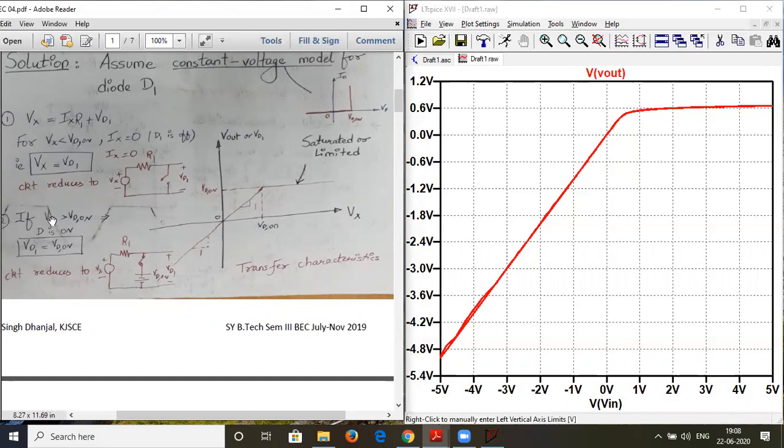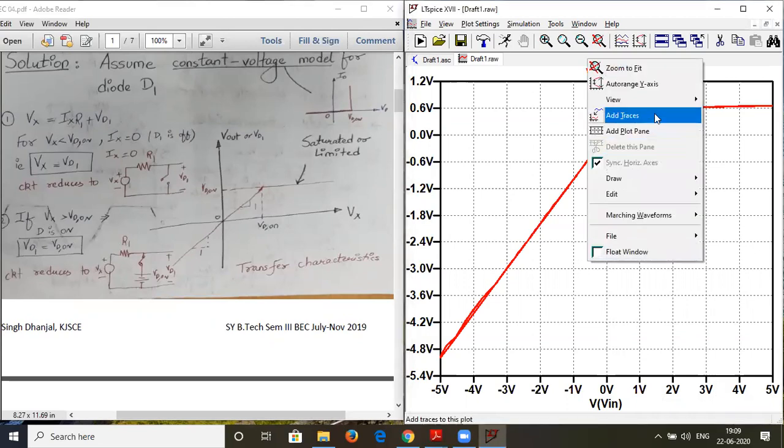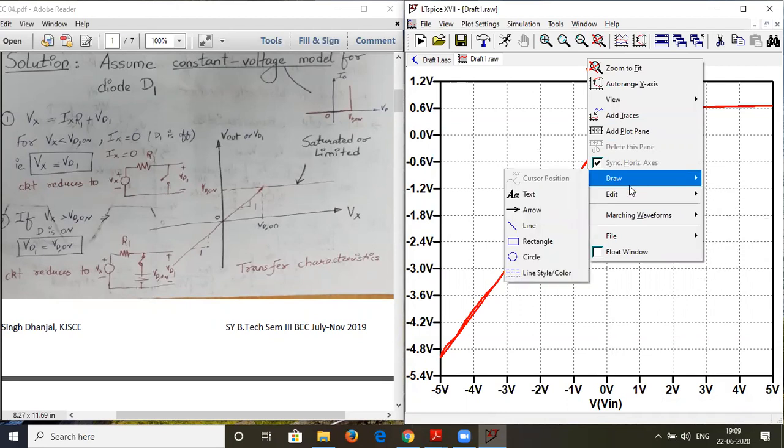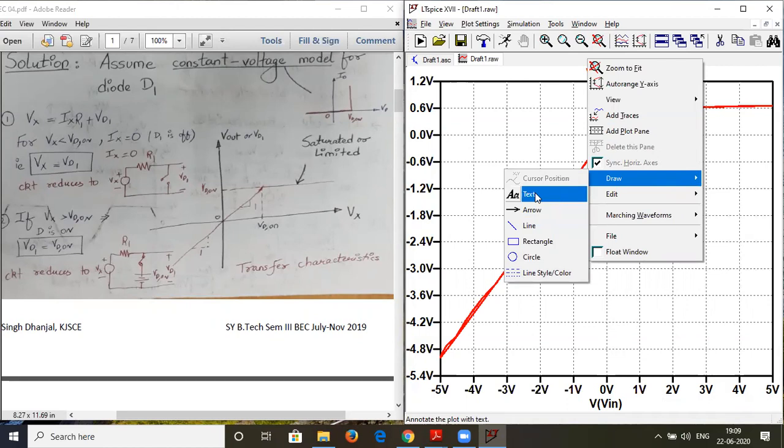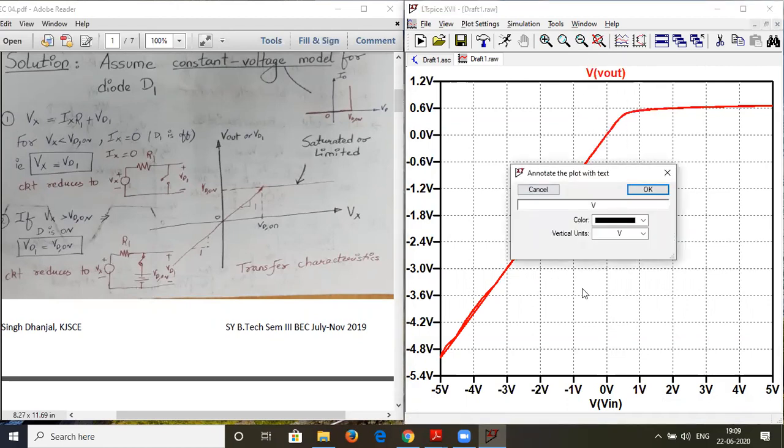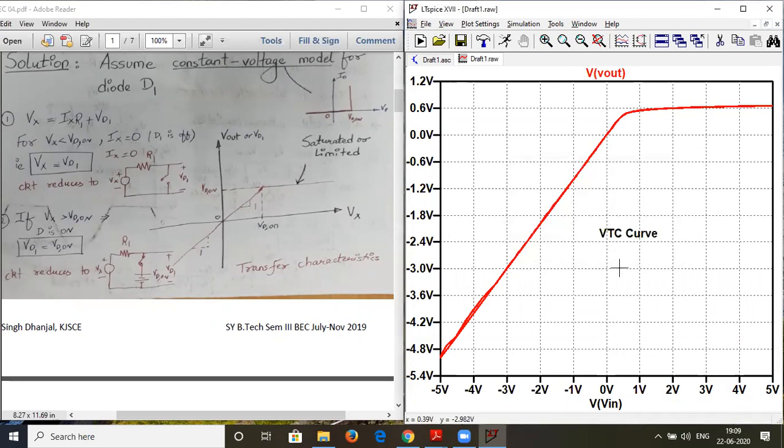So whenever my input is greater than VDON, that is around 0.65, the diode is on and the output voltage will be just this VDON. So that is what is being shown over here. So this characteristic is called the VTC curve. Let me just write it over here. This will be called the voltage transfer characteristics curve, VTC curve.